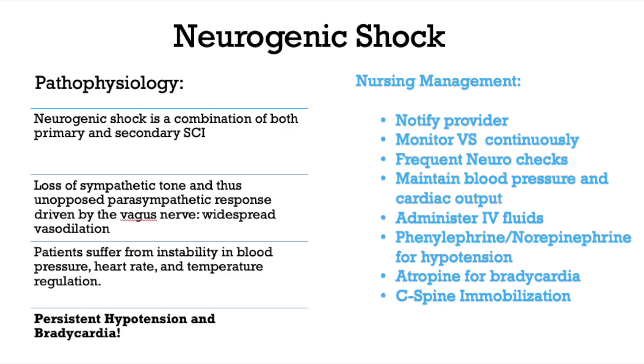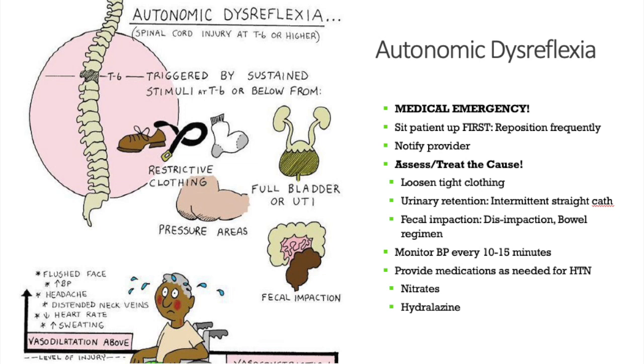Spinal shock, usually expected after spinal cord injury. So autonomic dysreflexia occurs as a result of a sustained stimulus at T6 or below. Okay, so the patient has an injury at T6 or above, and the stimulus is occurring at T6 or below. That stimulus can include pressure on a certain area.